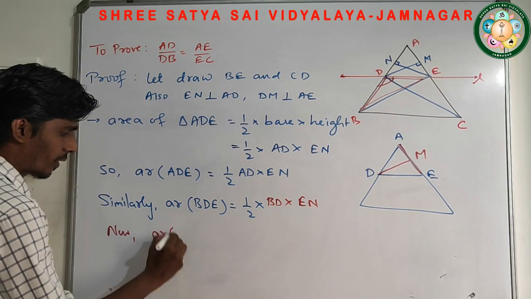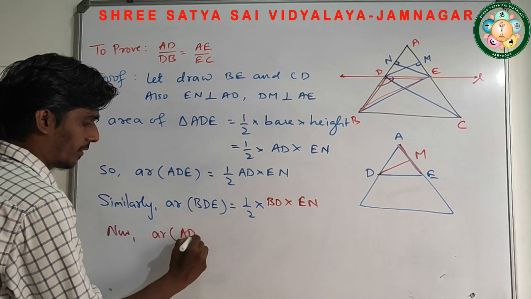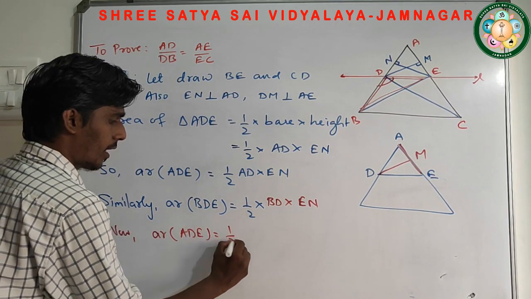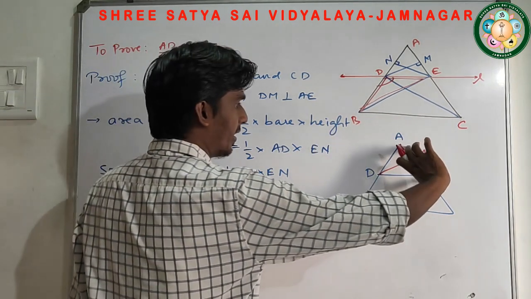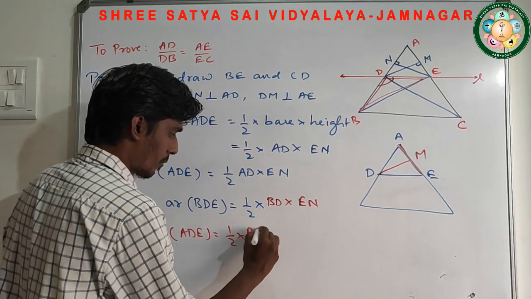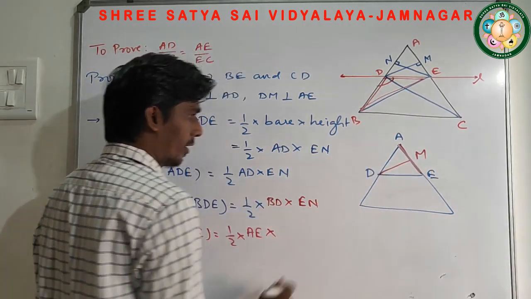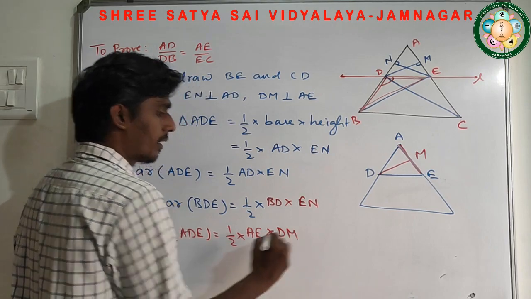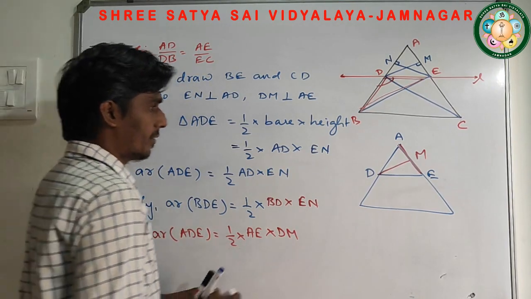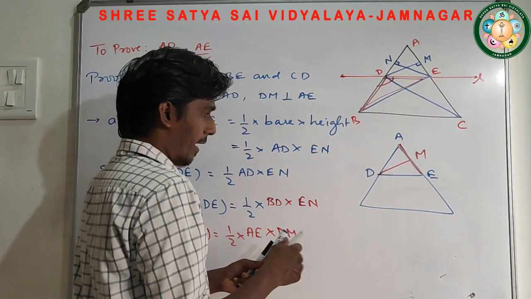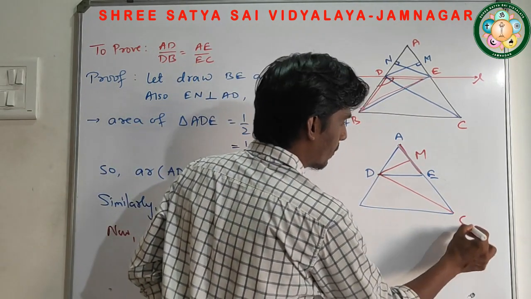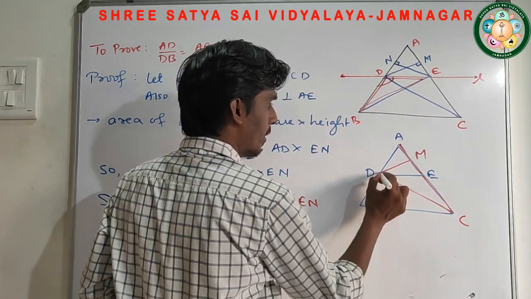Now for the area of triangle ADE, again it's half. Now the base I am going to consider is A, and the height is DM. Now similarly, the way I got it for BDE, now I have to get it for triangle CDE.